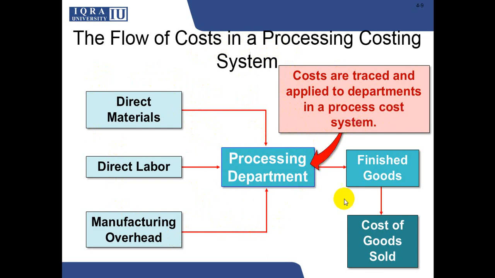So here we have the processing department. It could be one department, or more than one department, right? So we calculate the cost by department. Remember, here we accumulate the cost by department.